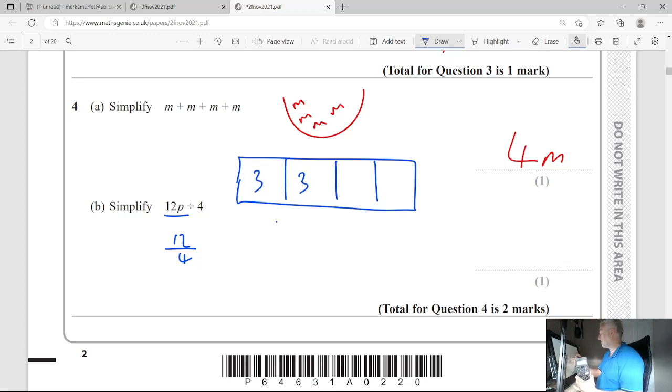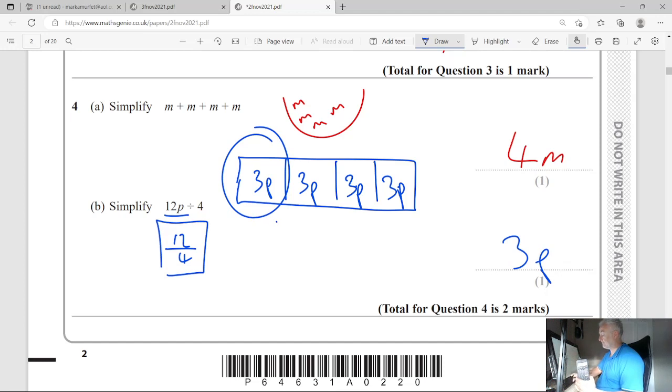So I know that there's going to be 3 in each if I just had 12 of them. And remember, I've got 12 lots of p. So 3p plus 3p plus 3p plus 3p gives me 12p. And I just want one lot of it, which is 3p. So all I'm doing in that function is 12 divided by 4. And remember, the p comes with it.